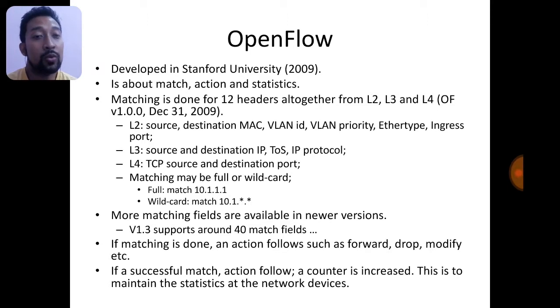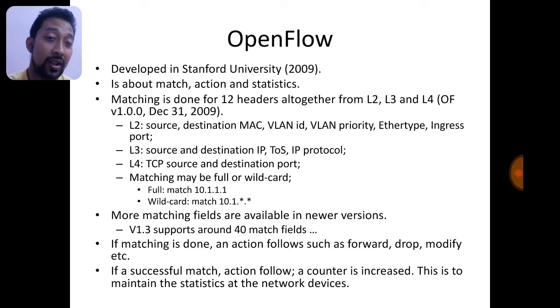And in OpenFlow, matching may be either full or wildcard based. Full matching means it enables the matching of the complete entry, the complete field. Suppose we match the complete IP address, then it becomes full matching.